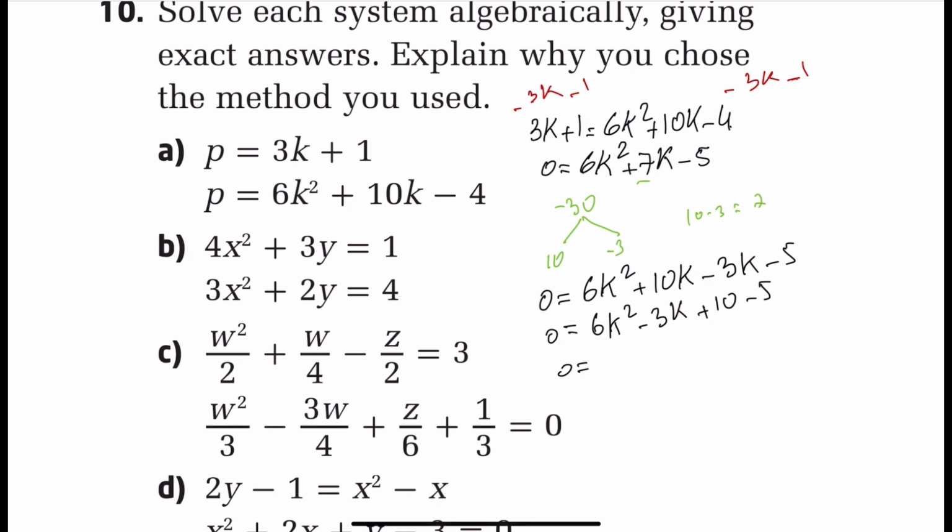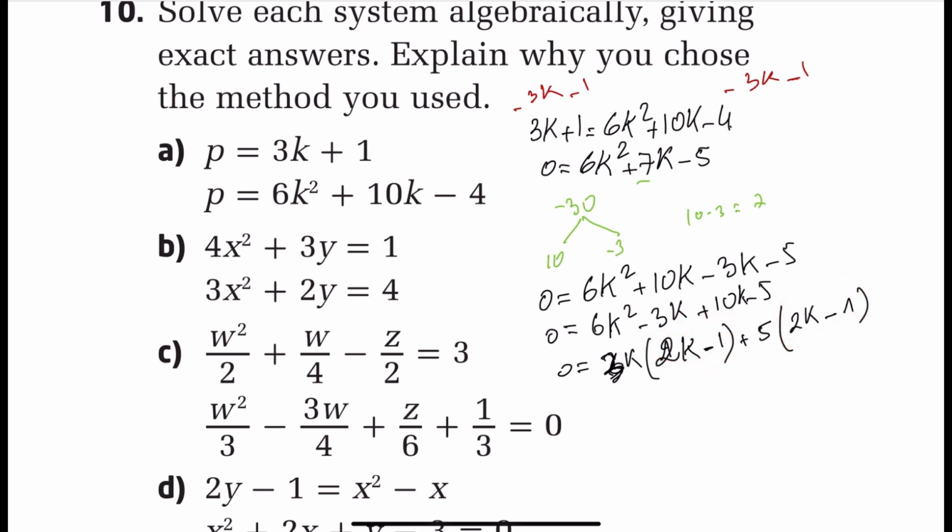This also is equal to 3k times 2k minus 1, because both of them have 3k, and the other one is 5 times 2k minus 1. So I have 2k minus 1 here and 2k minus 1 here.